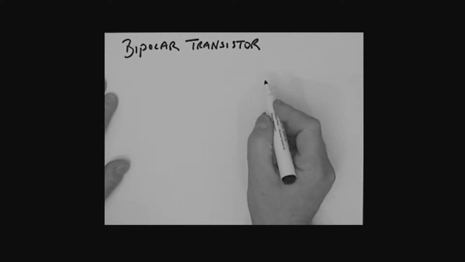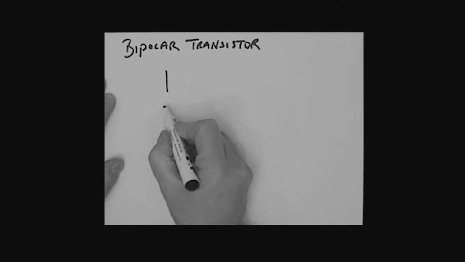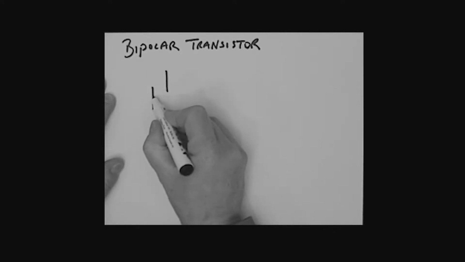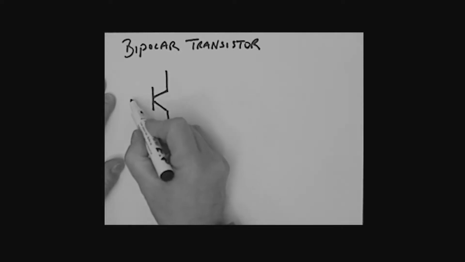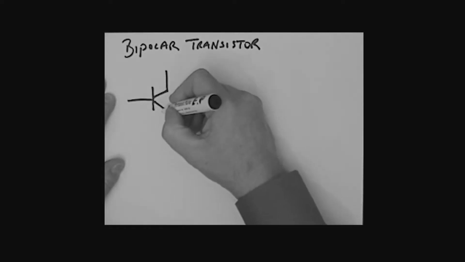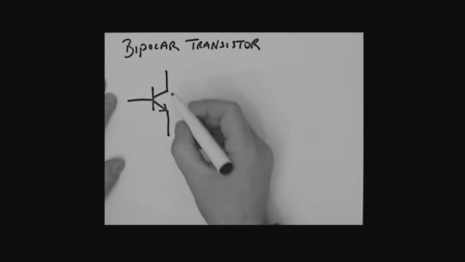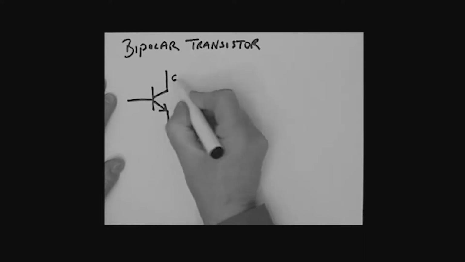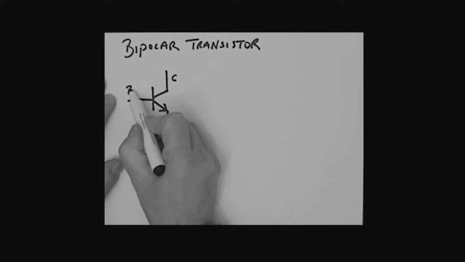All right, let's look at the symbols, okay? So we'll draw these symbols like this, like this, like this, and here. Okay, I'm going to show an arrow indicated like so. This would be called the collector, this is called the emitter, and this is called the base.